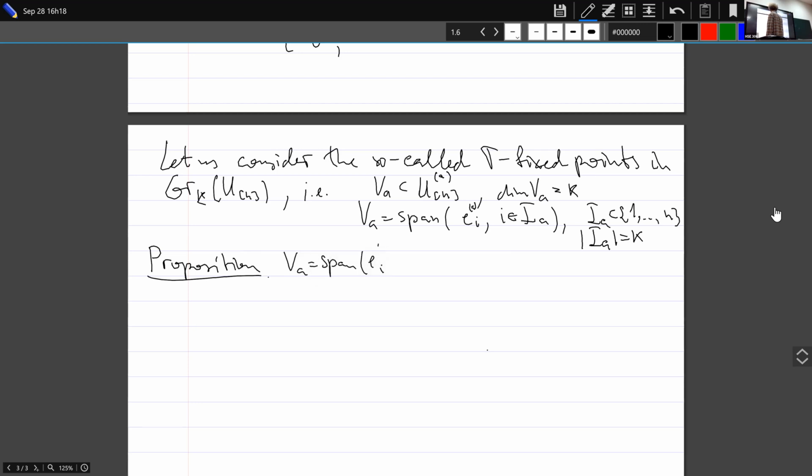This torus has dimension n squared, right? Say again? The torus has dimension n squared. Well, it depends on what torus you consider. It acts in dimension n, and it acts in the same way on all the components, at each vertex.